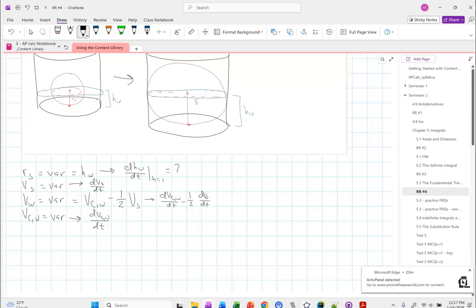So I'm going to generate some differentials here, right? Actually, I'm not going to bother. I'm going to write that. I think those are all the variables, right?